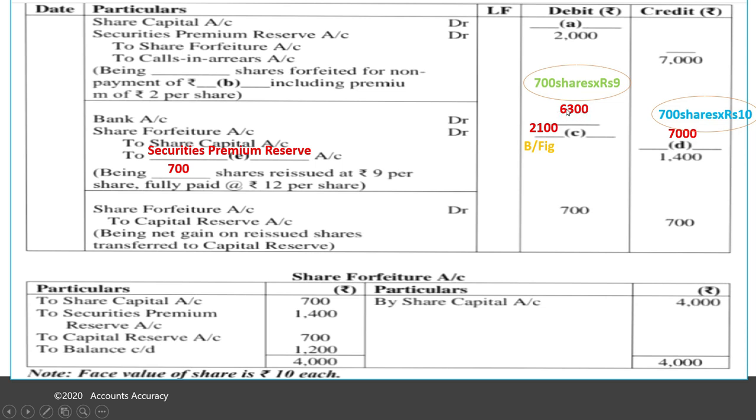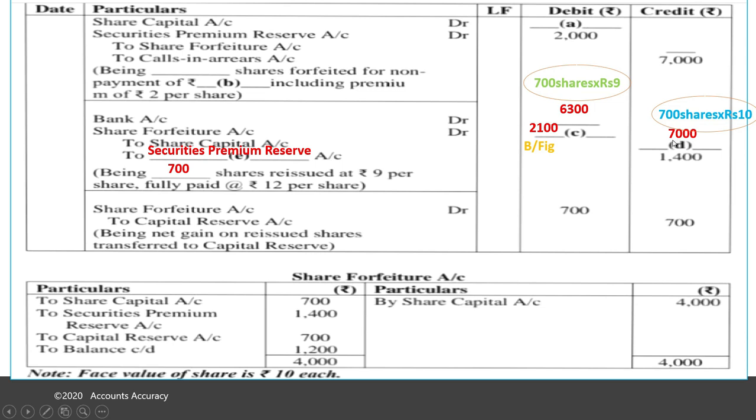Now as the company has received 6300 on reissue of shares, we can also find out the share capital account, because there are 700 shares and we are provided with the face value per share, that is rupees 10. So 700 into rupees 10, we get the share capital account value, that is 7000.